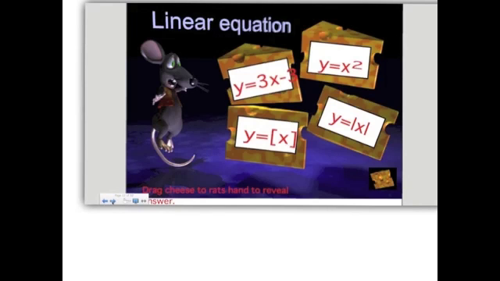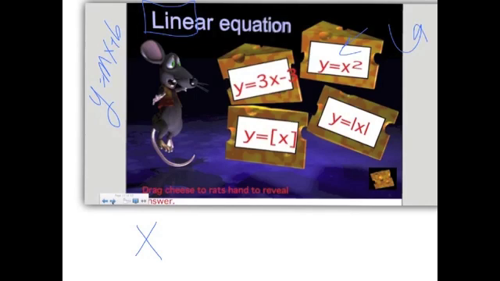You'll also have to figure out if it's linear from an equation. A linear equation is that form you all hopefully remember, y equals mx plus b. What's special about that is that there's only one x, which is important because x squared is a parabola, so it's not linear.